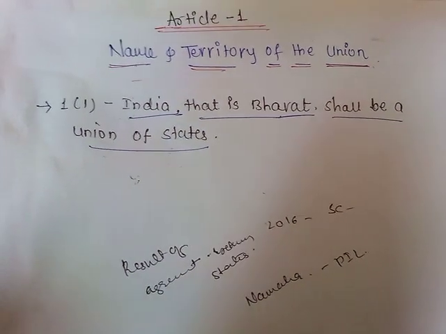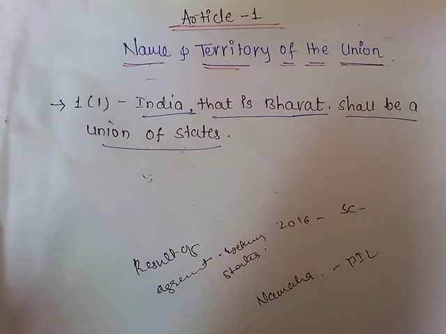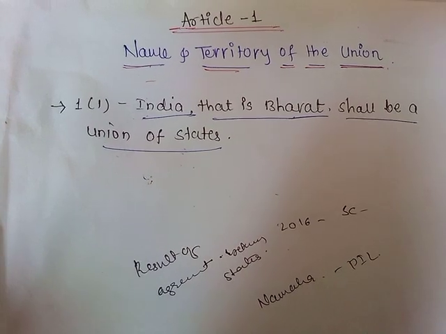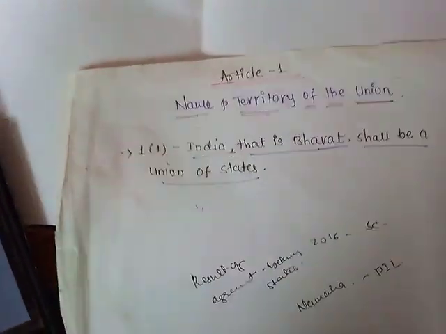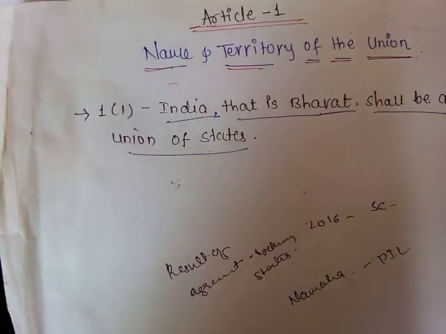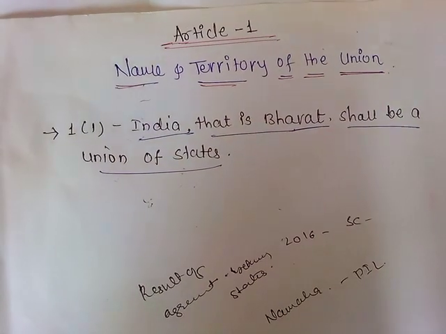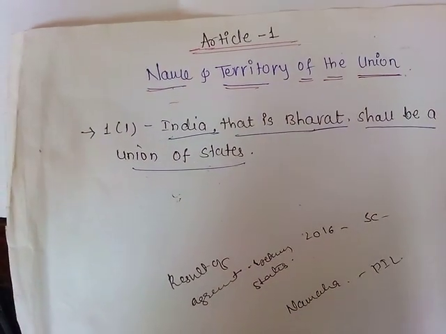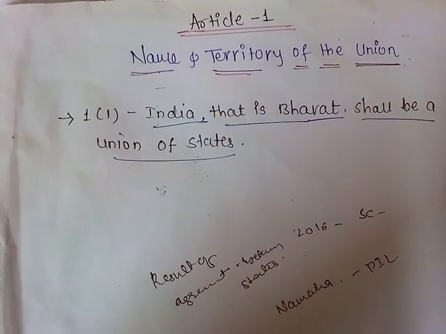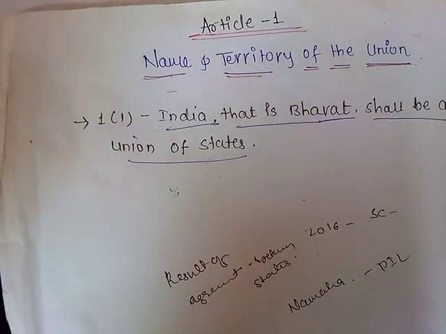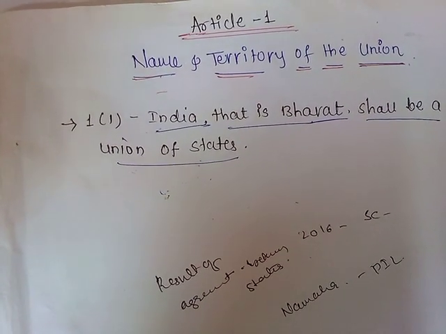It means we have a dual name, India and Bharat, and our country is a union of states, not a federation, because it is not a result of an agreement between states, and no state has the right or power to come out of the Union of India. That is what we mean by India, that is Bharat, shall be a Union of States. This is what Article 1 says.